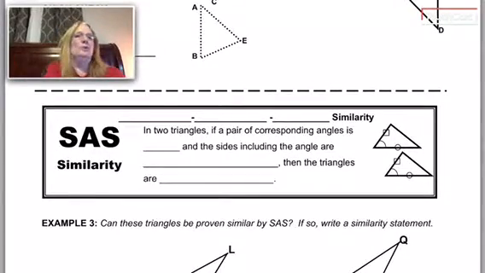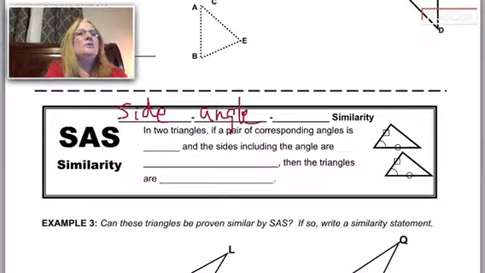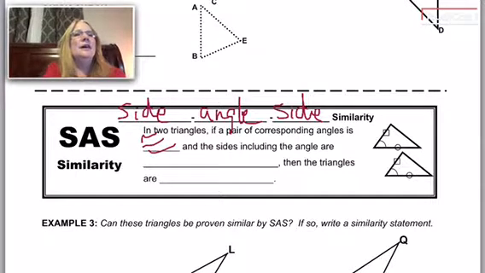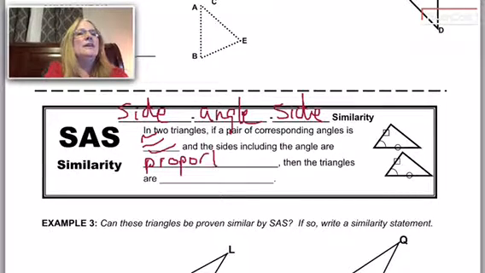Now we have another rule, and this is side angle side similarity. So if you have two triangles, and if one pair of corresponding angles is congruent, and the sides including the angle are proportional, that is also enough information to prove that the triangles are similar.